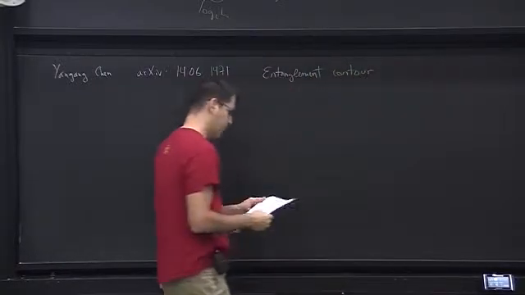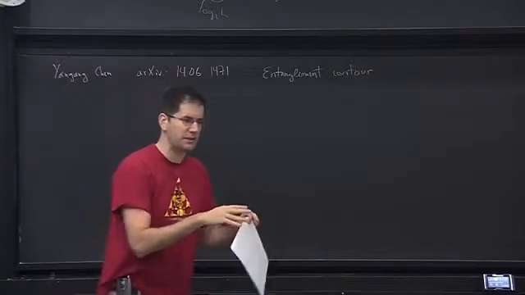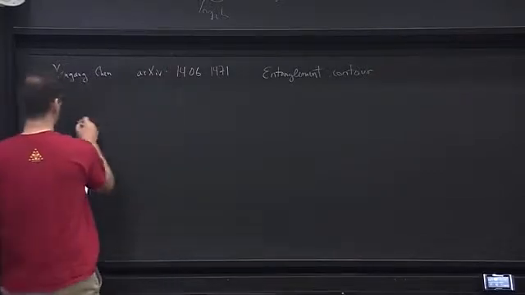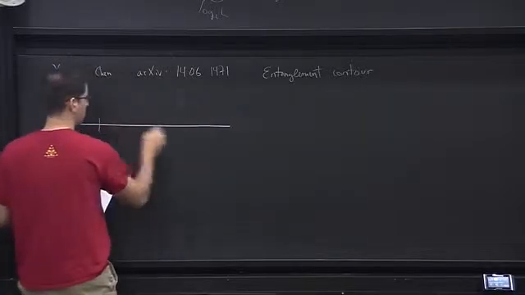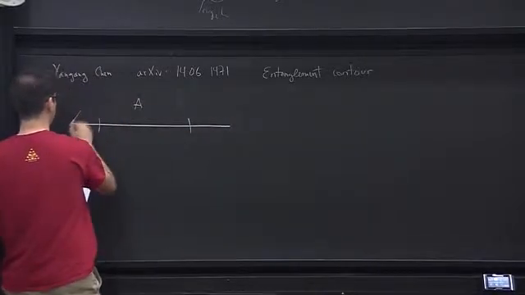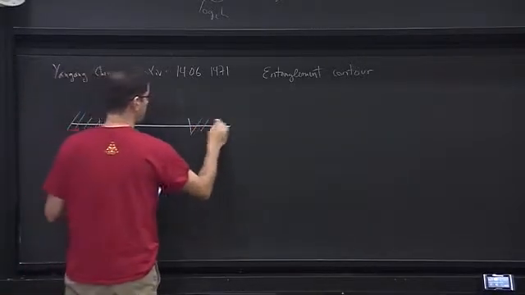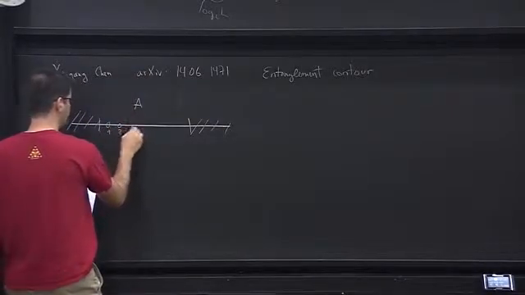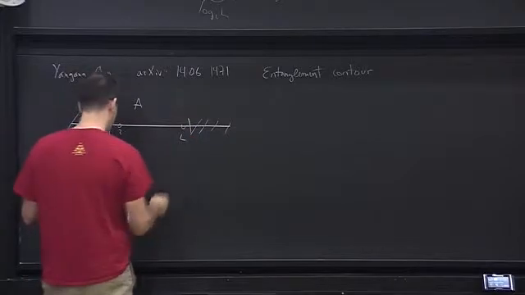Okay? And it was a way of understanding how entanglement is distributed in space. So what we're saying here is that we have our interval, A, we trace out the rest, and we have the sites 1, 2, all the way to L.